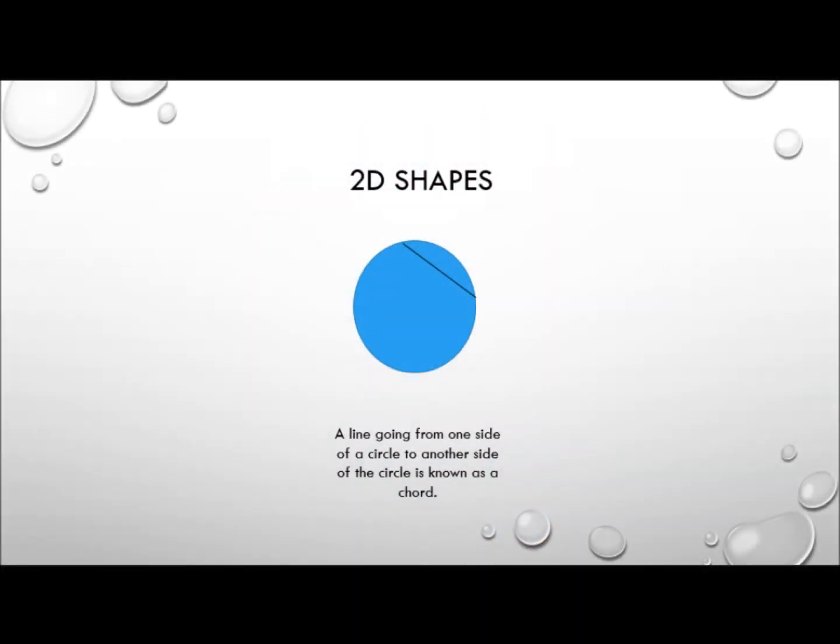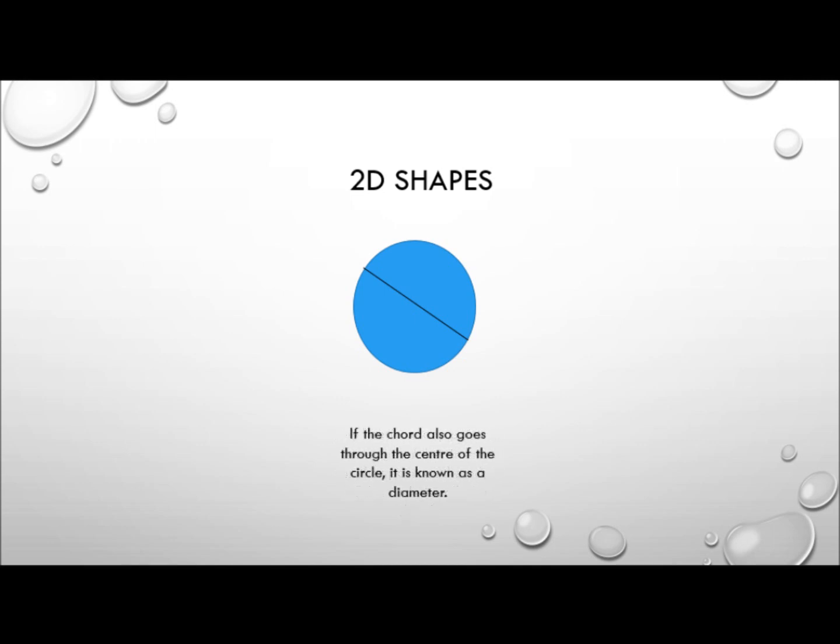A line going from one side of a circle to another side of a circle is known as a chord. Any line from any point on the edge of the circle to any other point on the edge of the circle is known as a chord.